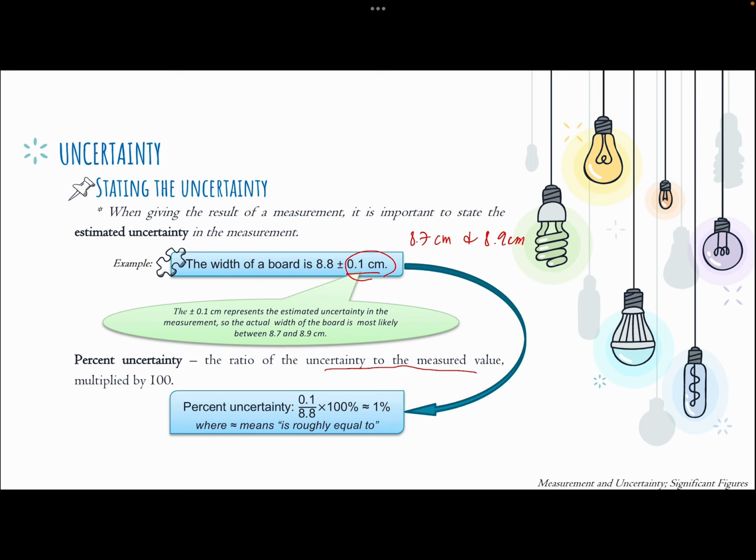So in the given example, the uncertainty is 0.1 while the measured value is 8.8. Therefore, the percent uncertainty is 0.1 over 8.8 times 100%. So this is roughly equal to 1%. So, did you get it? I hope yes.